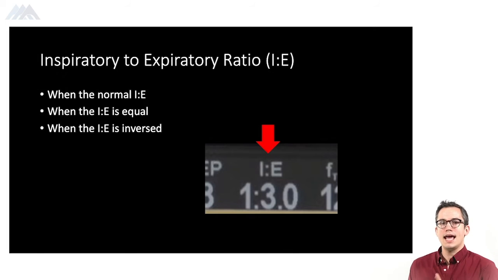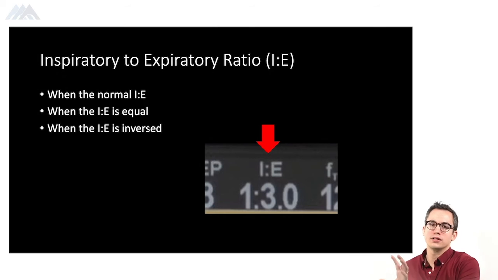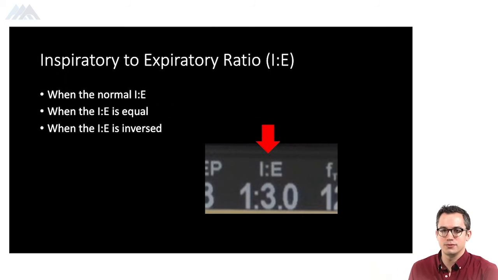But if you're inhaling in that respiratory cycle longer than you're exhaling, bringing those two times closer together, then you're going to subsequently increase your CO2, because if you're exhaling for a shorter period of time, that gives you less time to blow off CO2, which is why increasing your inspiratory time not only increases your PaO2, but also increases your CO2.